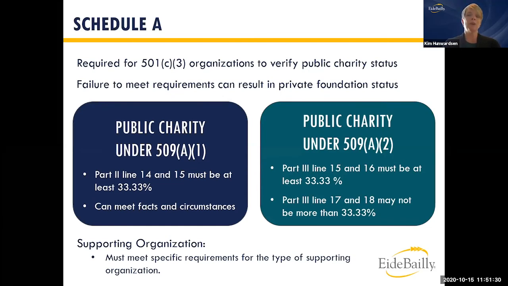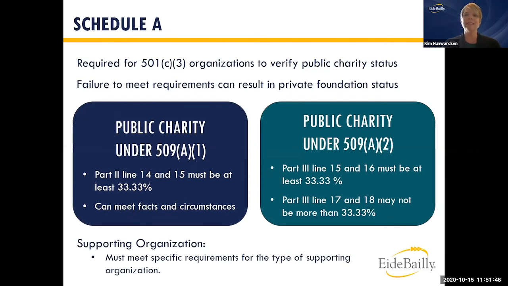There's 2 or 3 primary types of public charities that we are going to see filling out anything on Schedule A. One is a public charity under 509(a)(1). This is an organization that's broadly supported by contributions.